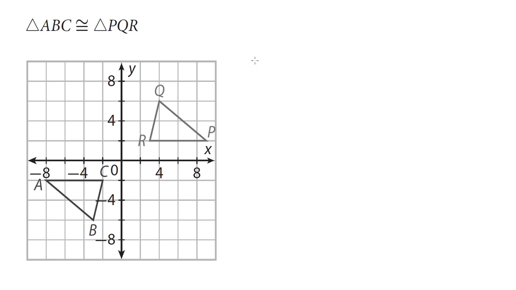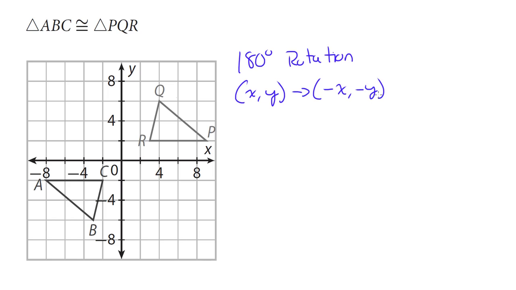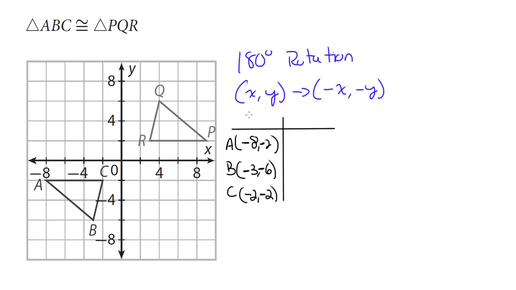So we know that the pattern for a 180-degree rotation for the ordered pairs of the points is that X, comma, Y becomes the opposite of X, comma, the opposite of Y. So here we have A is at negative 8, comma, negative 2.